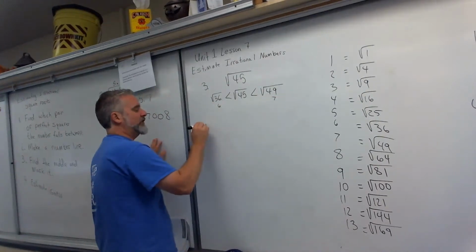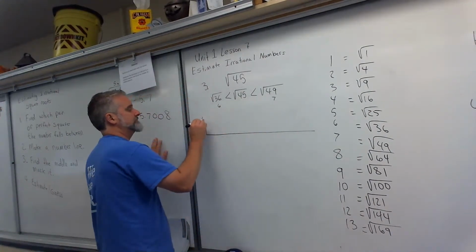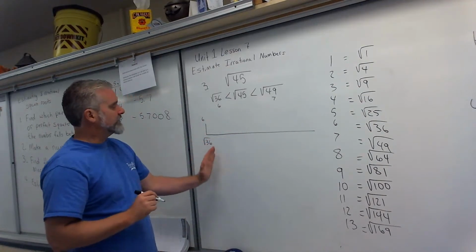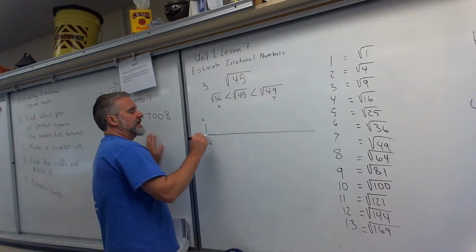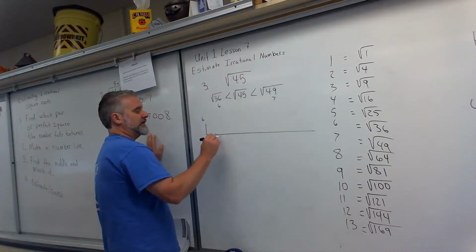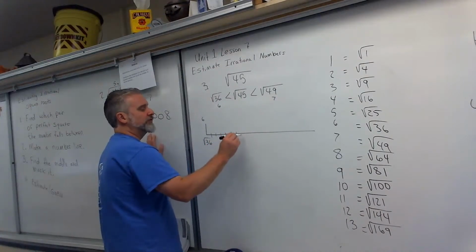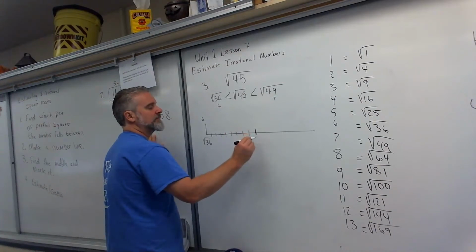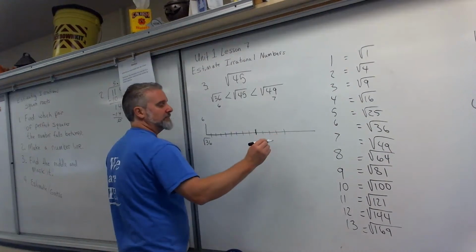So now I'm going to make my chart. Number line. And I'm going to count out all the way over from 36 until I get to 49. So 37, 38, 39, 40, 41, 42, 43, 44, 45, 46, 47, 48, 49.